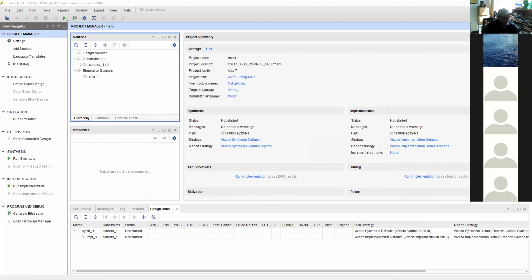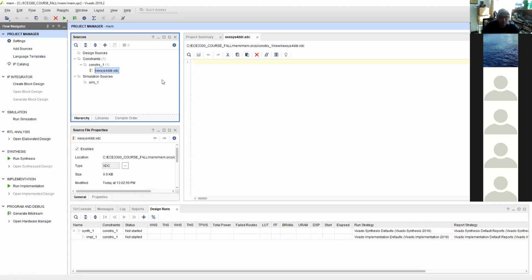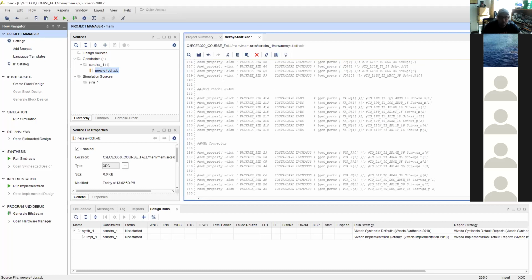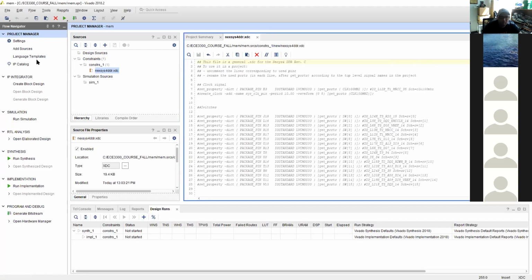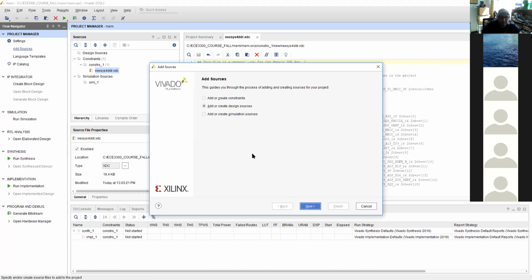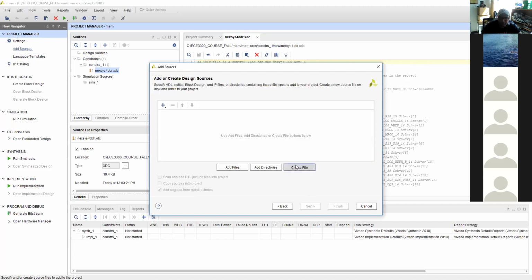You guys still see my screen, right? Okay, just let me get my XDC somewhere. It's here. Now we're going to say create design, and I will call it mem.